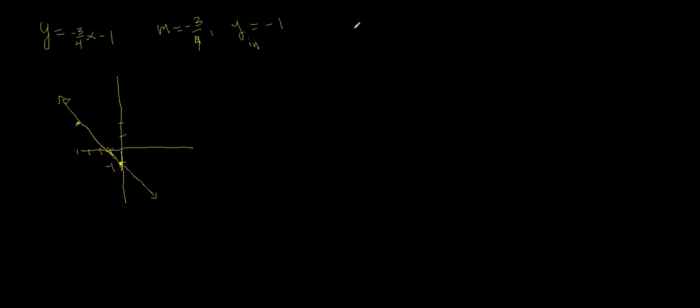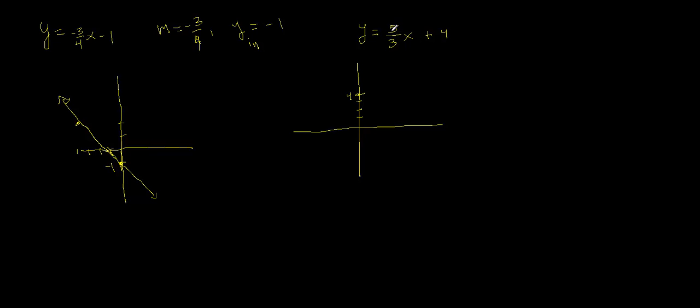So let's try a second example, something with a positive slope this time. Let's suppose we have y equals 5/3 x, and then the y-intercept is positive 4. If we have positive 4, then the line will cross our y-intercept at point 4, label that correctly.